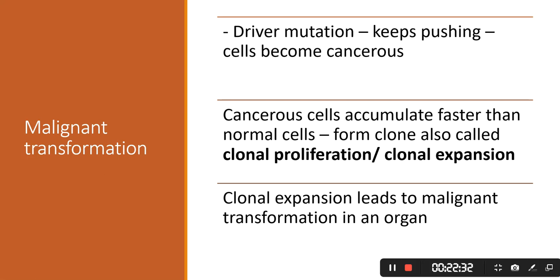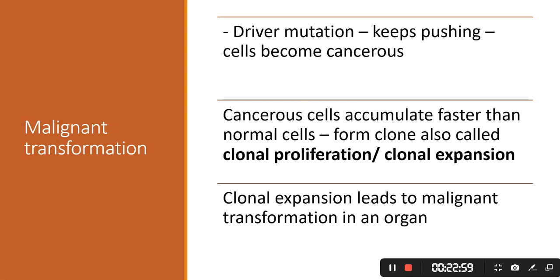There is nothing to regulate them, so they multiply at an even faster rate. With their fast speed and their wrong qualities, they all get together and form a family of malignant cells, which is also called a clone. That clone is called clonal proliferation or clonal expansion.